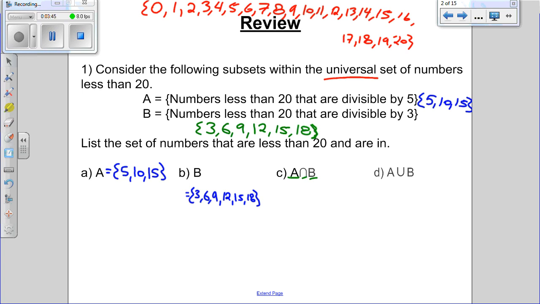So that's going to be only things that are found in both set A and B. What things are found in set A and set B? 15. So that's going to be the only thing in set A and B. So that little upside down symbol, that means and.